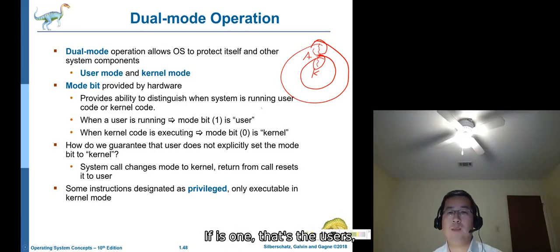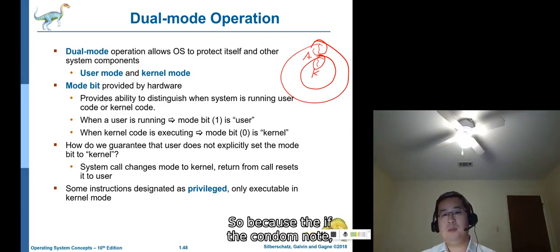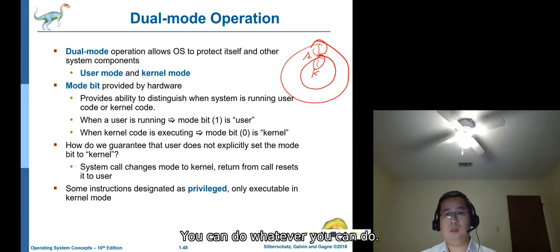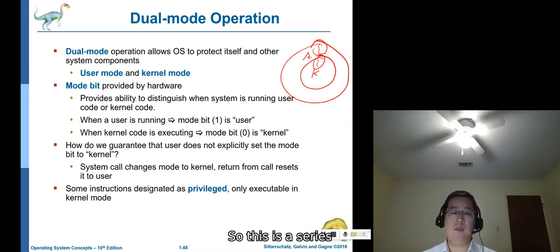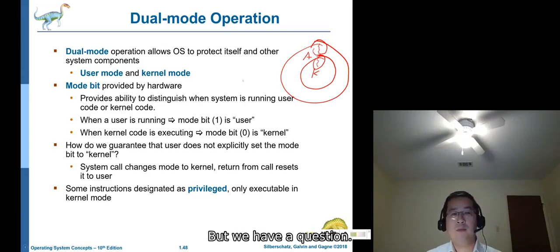If it's 1, that's user mode. If it's 0, that's kernel mode. So this is safer for us, because in user mode you may not be able to run certain things, while in kernel mode you can do whatever you want. This is the reason we want to differentiate. But we have a question: how can we guarantee that the user does not explicitly set the mode bit to kernel?